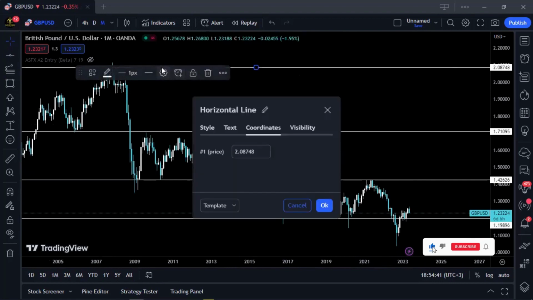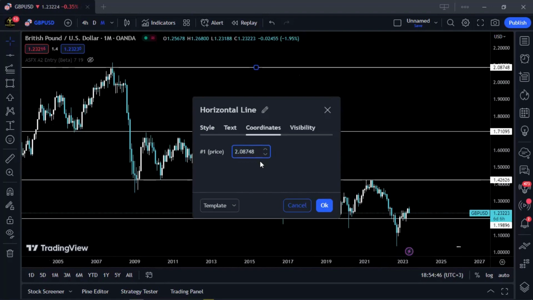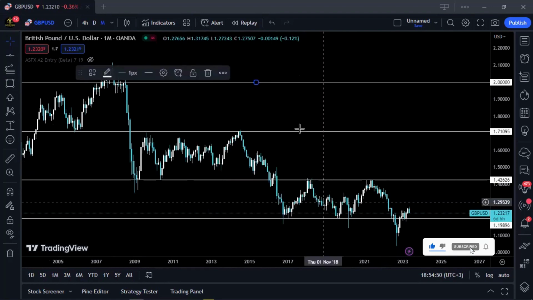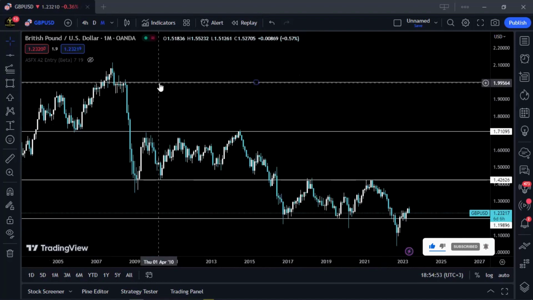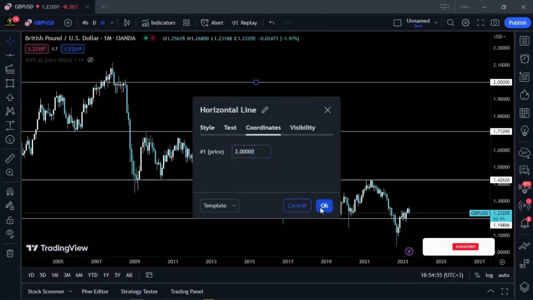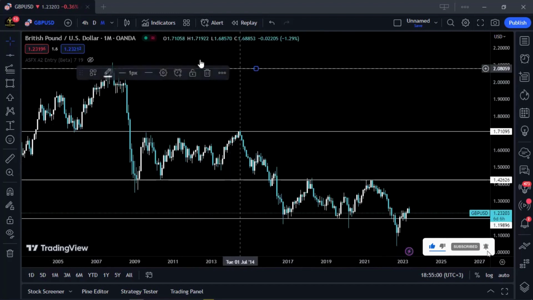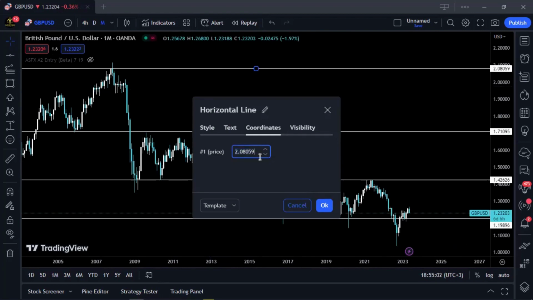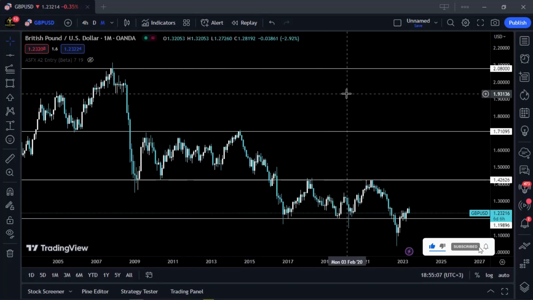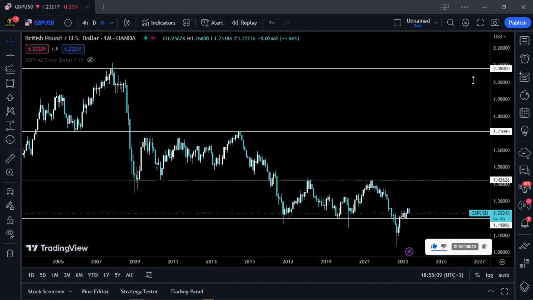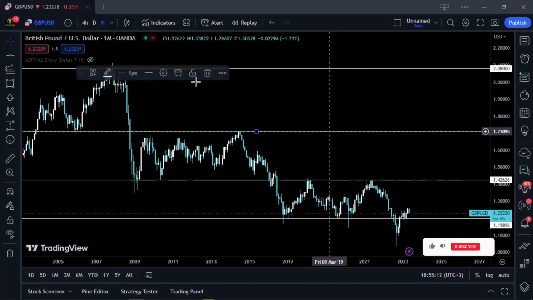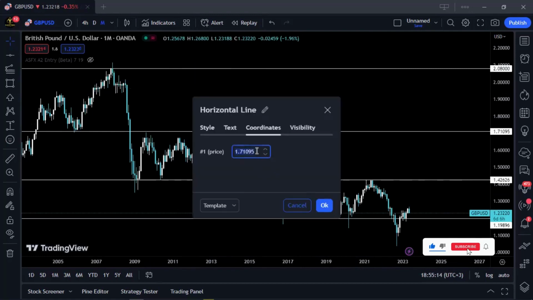Obviously we have to round them off to the nearest hundreds. So here it will be about 2. Okay, so 2 will be somewhere here. No, we need to round to the nearest hundreds, so we need to put that at 800 right there. 2.0800. Right here, where will that be?